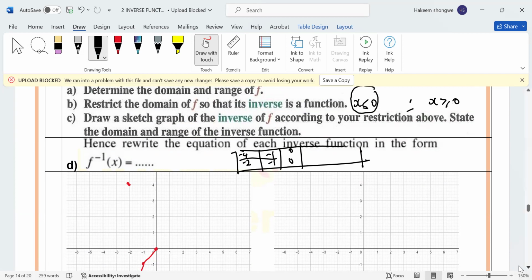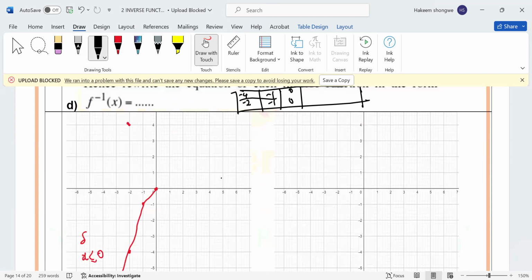This is for the inverse. Your inverse is going to look like: minus 1, minus 4, minus 2 here; minus 1, minus 1 here; 0, 0. And then you connect the 3 dots, and then it's going to be the inverse.